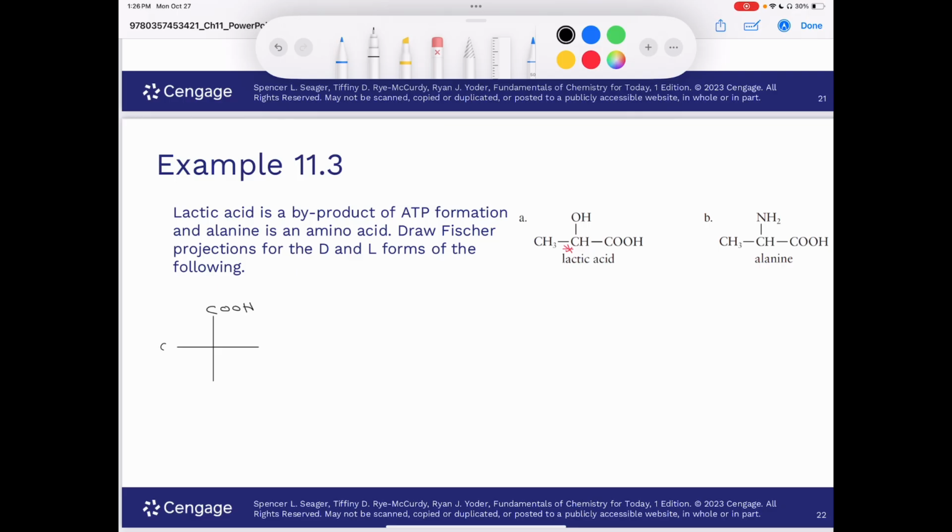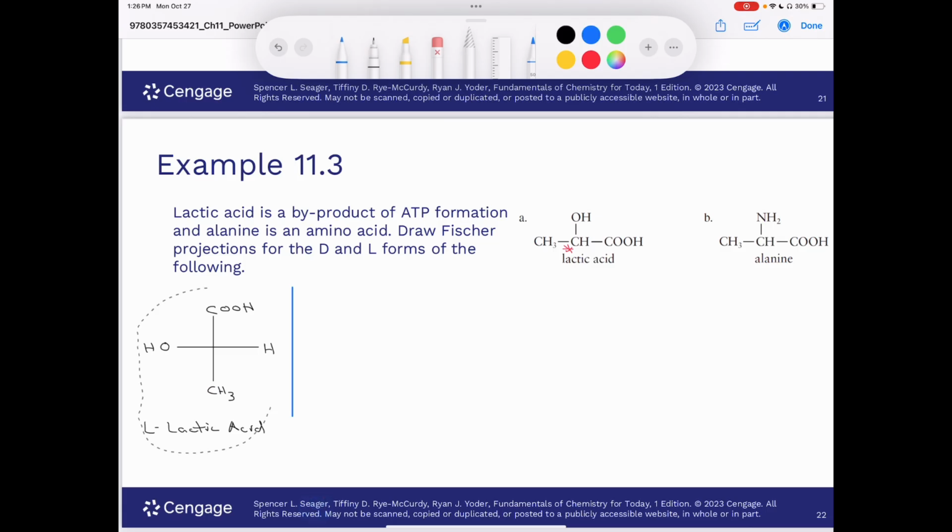Now for the L form, the hydroxyl is going to want to be on the left-hand side. And so the hydrogen is going to be over here. And so the CH3 group would be down here. And so this would be L-lactic acid. All right, and if we want to draw the D form, all we have to do is draw the enantiomer. So we're just going to reverse the hydroxyl.